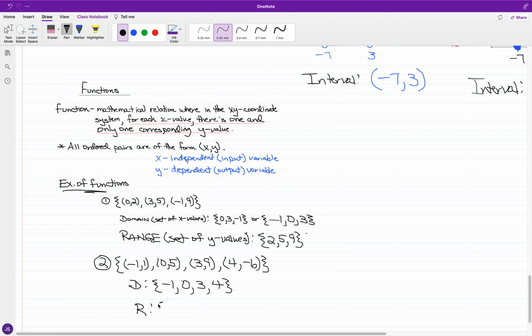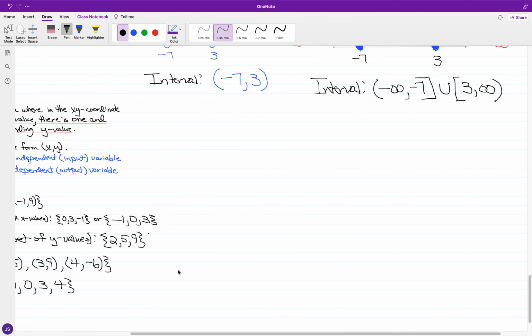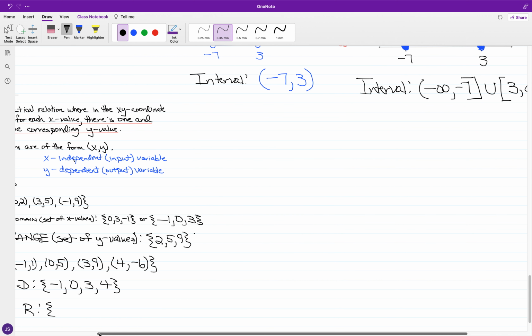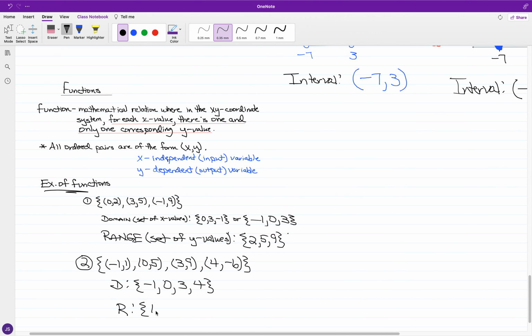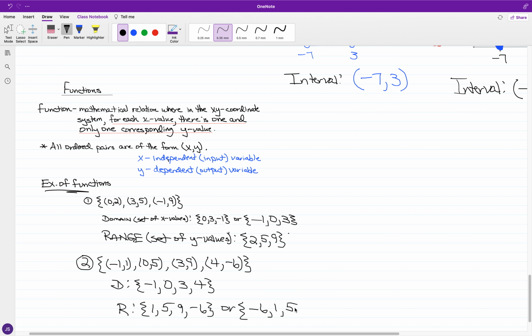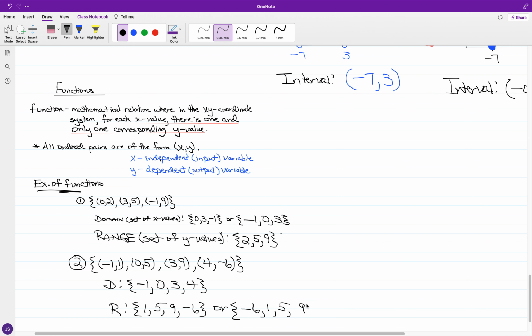And as for the range, we'll have 1, 5, 9, and -6. And again, you can just put down the numbers in the order that you see them. Again, if you were to care to rearrange, just put them in order from smallest to largest. So this would be -6, 1, 5, and 9.